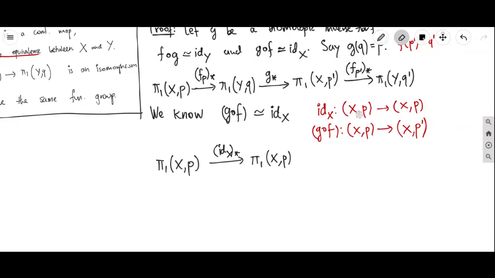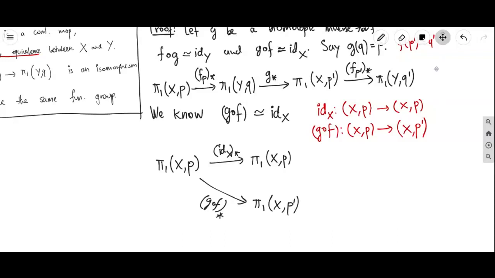And this composition, G composed F, induces a mapping of these fundamental groups, to pi 1 X comma P prime.